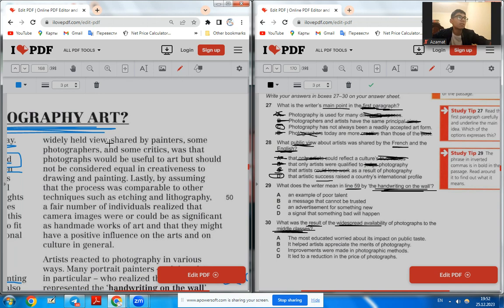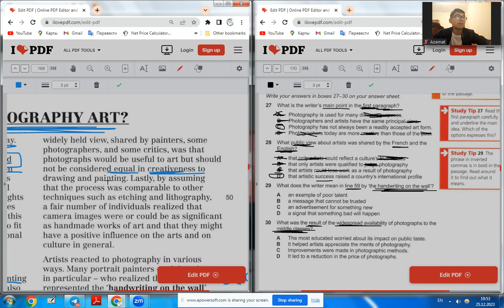The second widely held view, shared by painters, some photographers, and some critics, was that photographs would be useful to art but should not be considered equal in creativeness to drawing and painting.